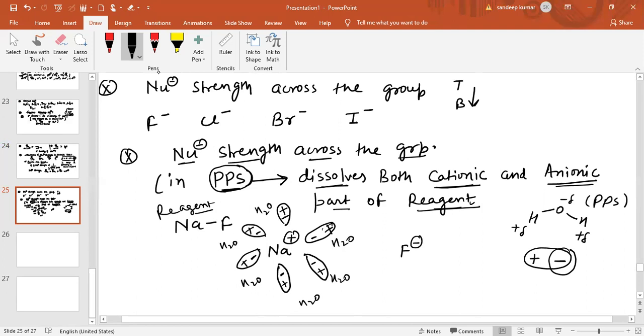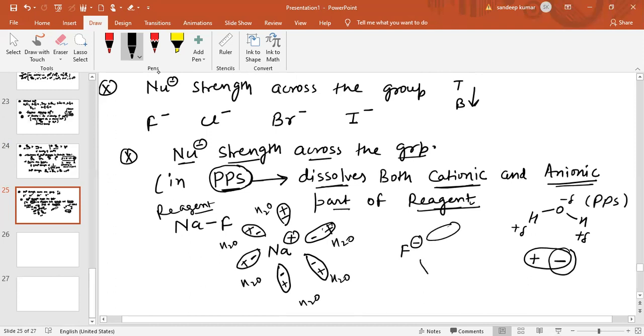In the same way, this is the anionic part of the reagent, and because polar protic solvent dissolves both the cationic and anionic parts, F minus will also be attracted towards the positive end of water.